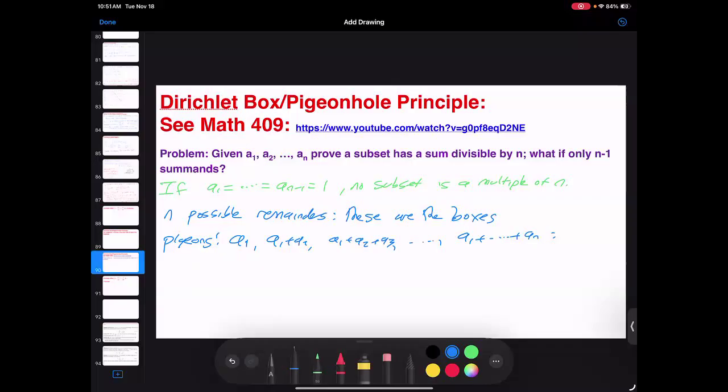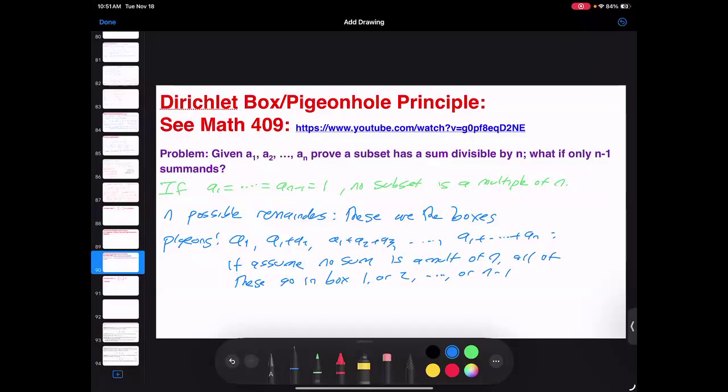If we assume no sum is a multiple of n, all of these go in box 1 or 2 or n minus 1. I never use the box of remainder 0. If there's a sum that's a multiple of n, then the problem is over, I've won. So you might as well assume there's no sum that's a multiple of n.